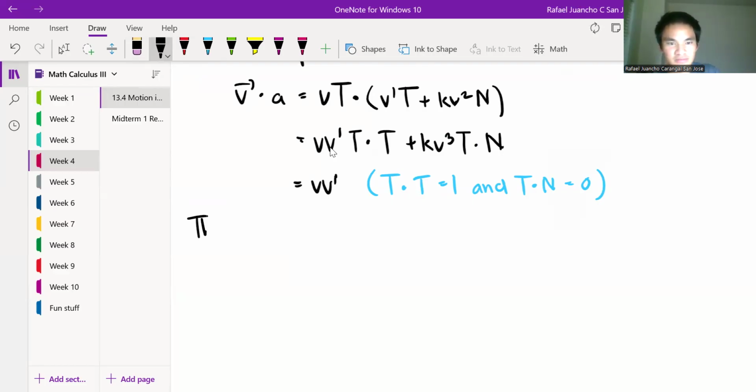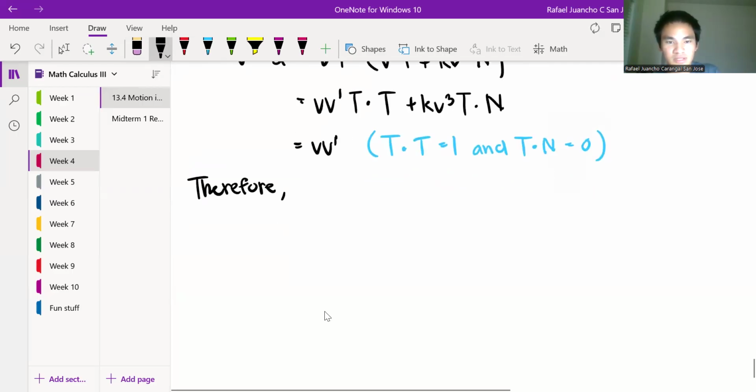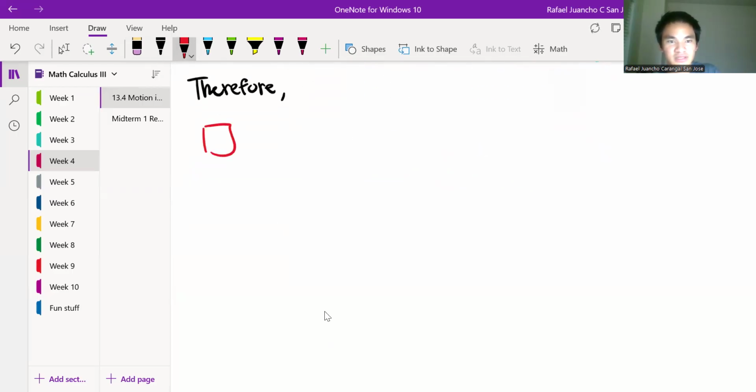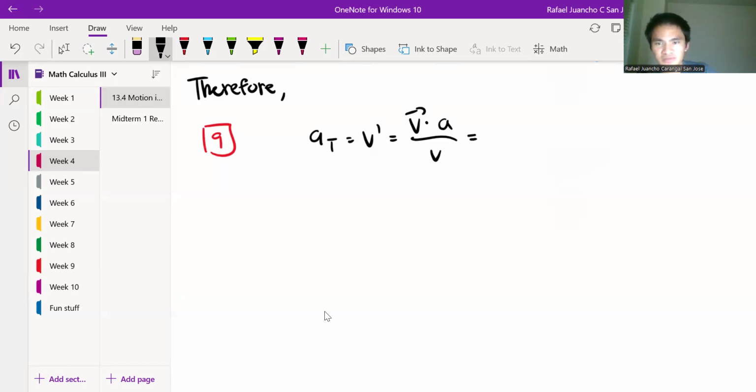And so therefore, now you have a nice looking formula here. For number 9, our tangential component is just v prime, which is equal to the dot product of my velocity and my acceleration over my speed, which is now in terms of r.